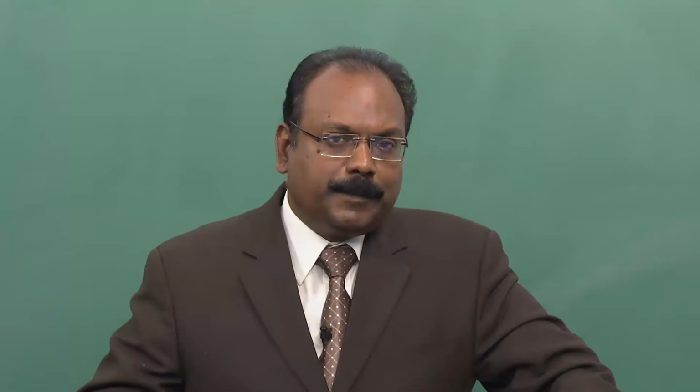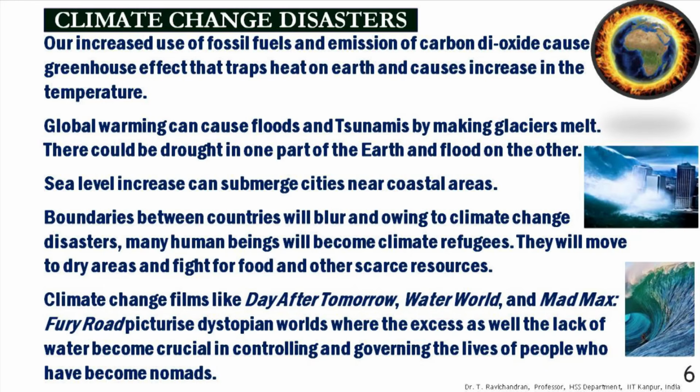And boundaries between countries will blur owing particularly to climate change disasters. Many human beings will become climate refugees because they lost their home, their nationality, their country because of climate change disaster. And they will move to dry areas for food, and they will fight for food and other scarce resources.